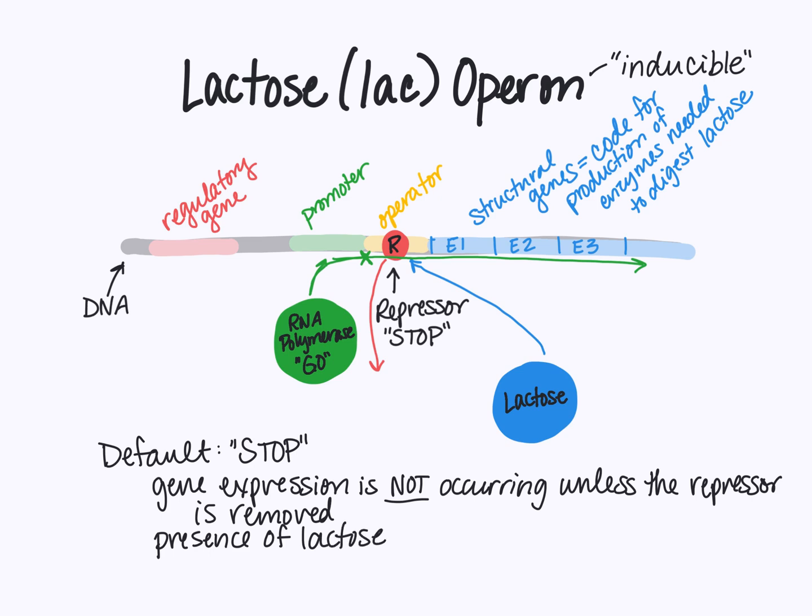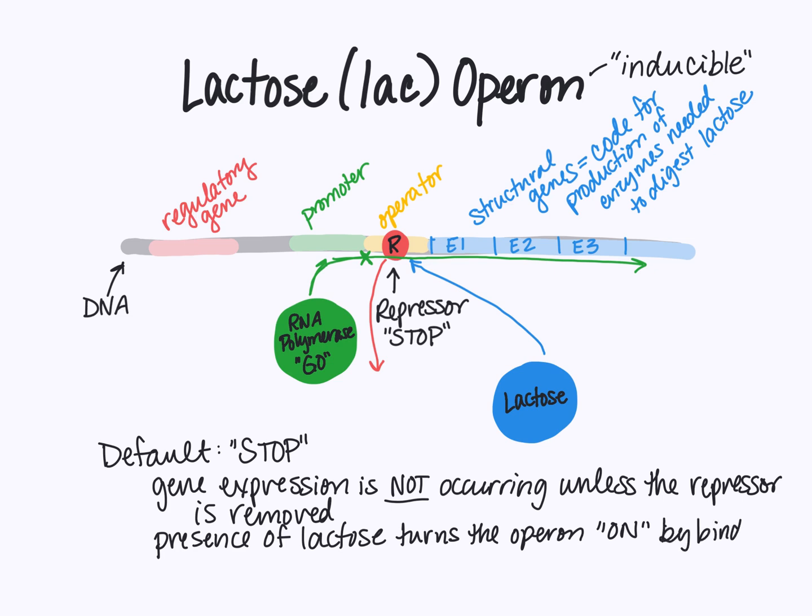So the presence of lactose turns the operon on, or it induces it to start expressing the genes that are further along in the operon.